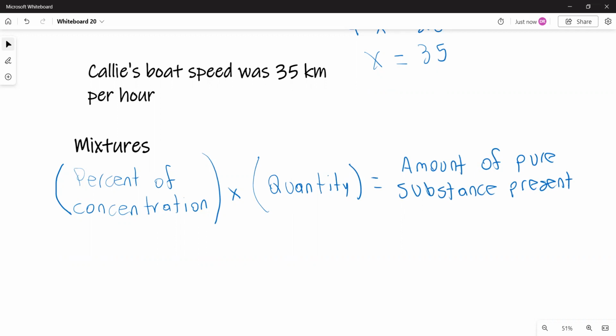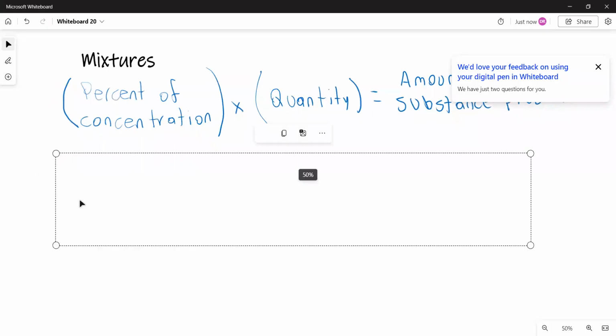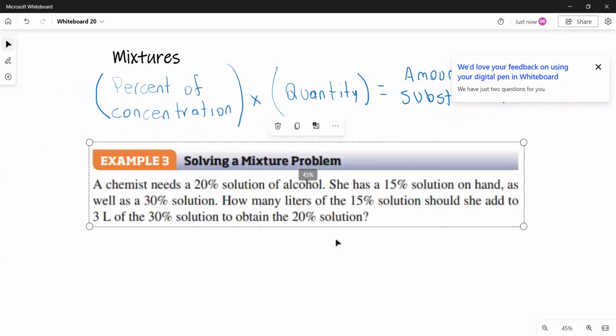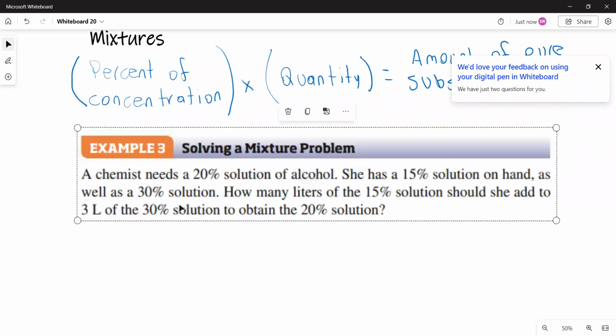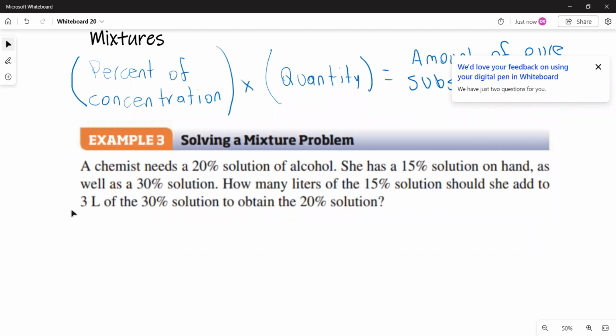Let's do example 3 on page 97. A chemist needs a 20% solution of alcohol.